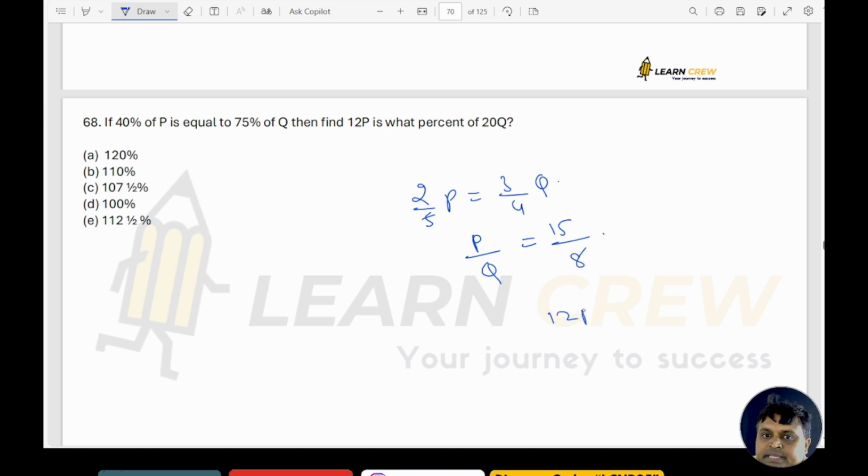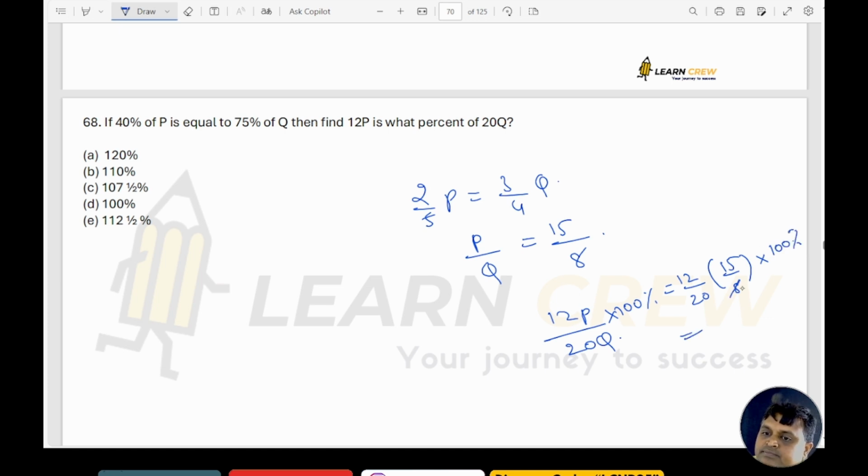Then 12P is what percentage of 20Q? Means 12 by 20, P by Q is 15 by 8, into 100. So now how much are you going to get here?